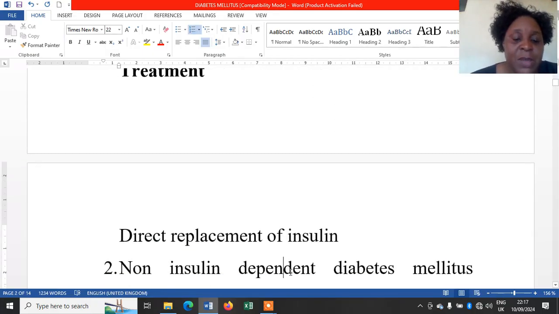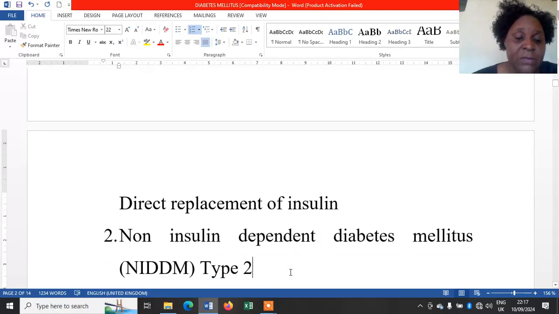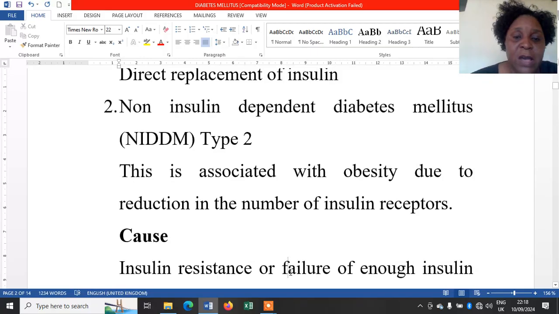So here we are saying that the management of this is direct replacement of insulin, that this patient we shall be giving insulin directly. Then number 2, we have non-insulin dependent diabetes mellitus, and it is type 2. This is associated with obesity due to reduction in the number of insulin receptors.